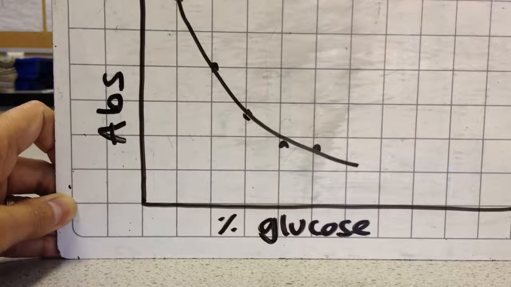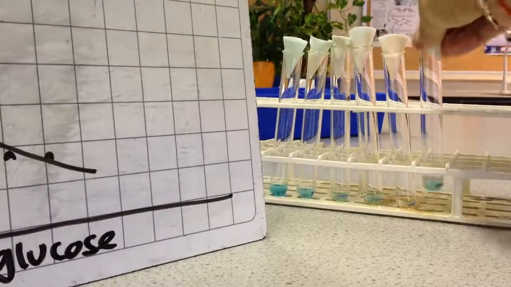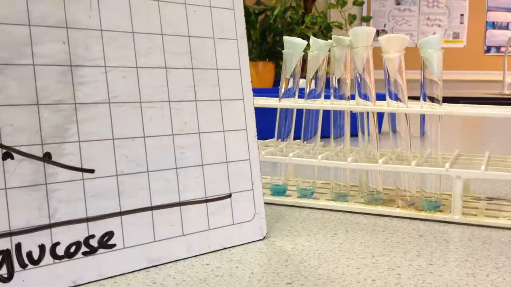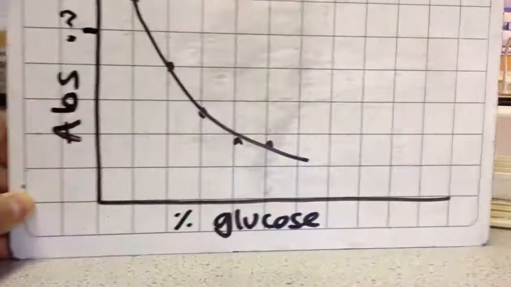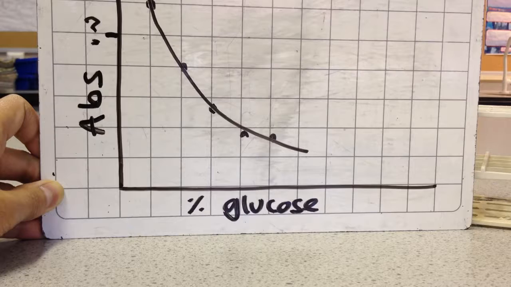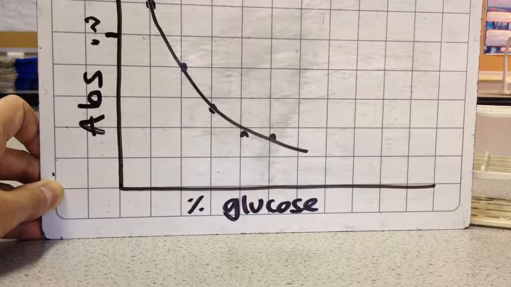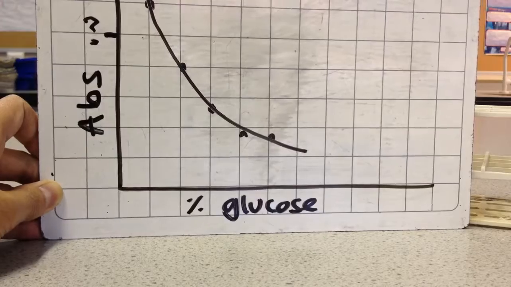And then all I'd have to do to measure the concentration in my unknown solution is to also run that through the colorimeter, measure the absorbance, and I might get an absorbance around about there, for example, just for example. Okay, so if my absorbance was there, then I just use the calibration curve with my known solutions to then determine the amount in the unknown solution.